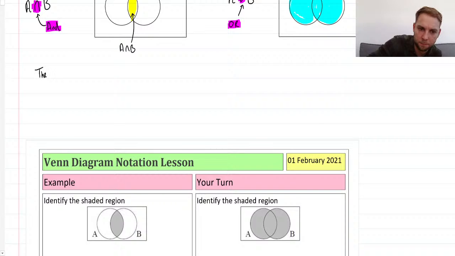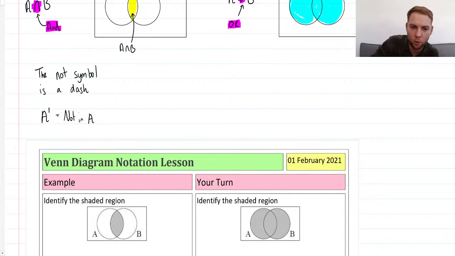The not symbol is a dash. So this little dash means it's not in A. Or if I had this one here, this B dash means it's not in B.